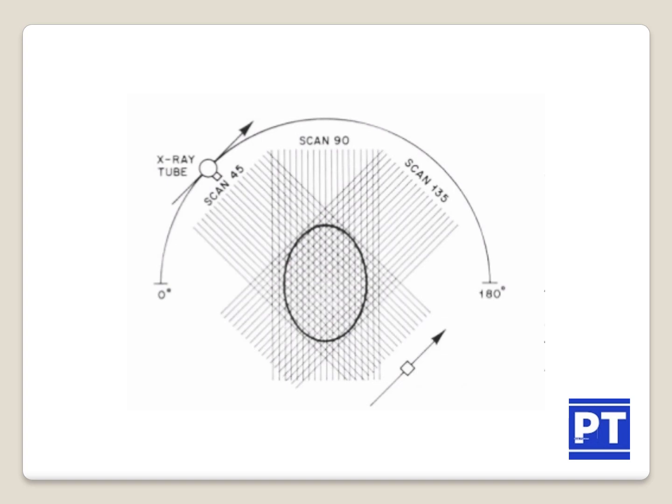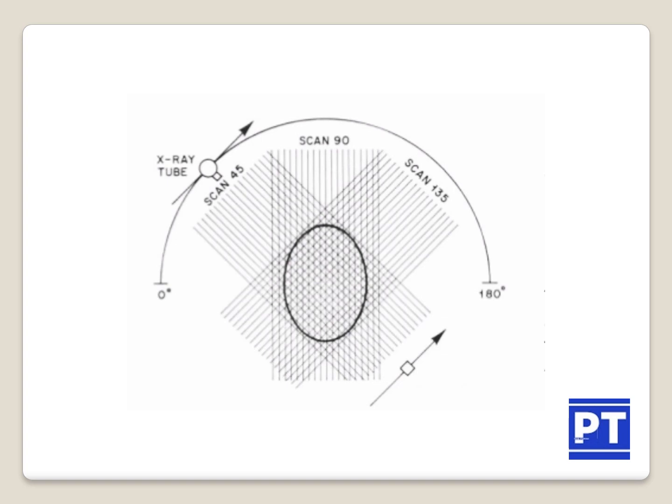After completing 180 linear movements, the gantry had rotated from 0 to 180 degrees. Thus, the total rotatory motion encompassed a 180 degree semicircle. The axis of rotation passed through the center of the patient's head, as you can see in this image.